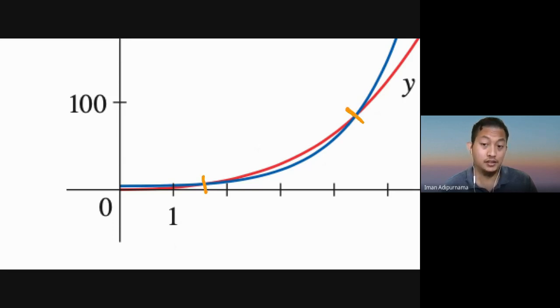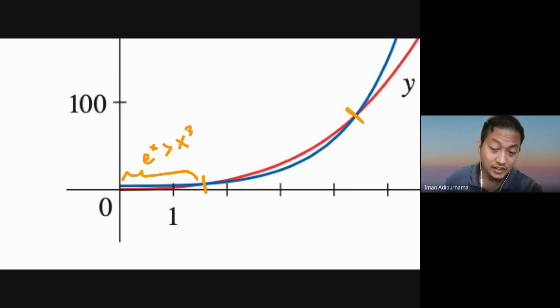This is an intersection of two curves. First, you will see that e to the x is higher than x cubed, because e to the x never reaches zero.